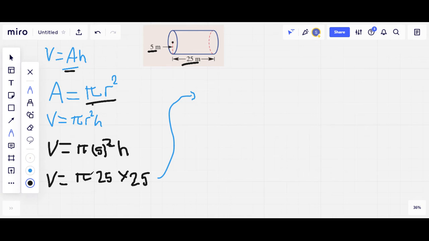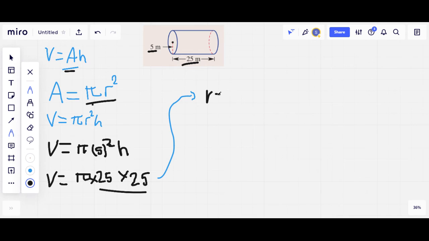So when we've got pi times 25 multiplied by 25, let's put a little multiplied sign in there. We don't need it, but let's do it anyway, just to keep it consistent. It doesn't matter which order we're multiplying the numbers in. Pi times 25 times 25 is the same as 25 squared, and then multiply by pi later. So let's do this first, that 25 squared.